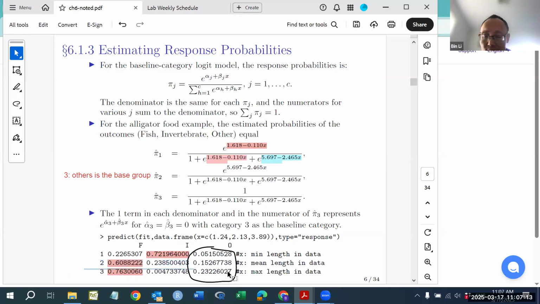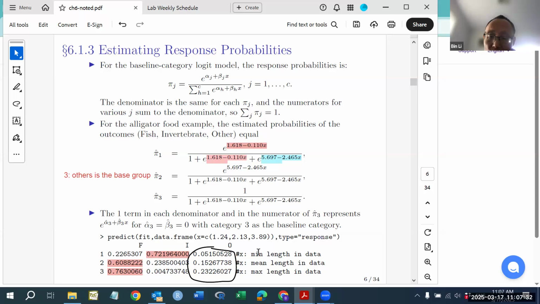And the third row is the maximum length. So I use the red color to highlight the food choice that has the maximum estimated probability for the three different lengths.